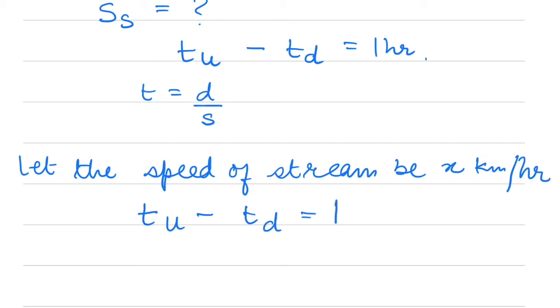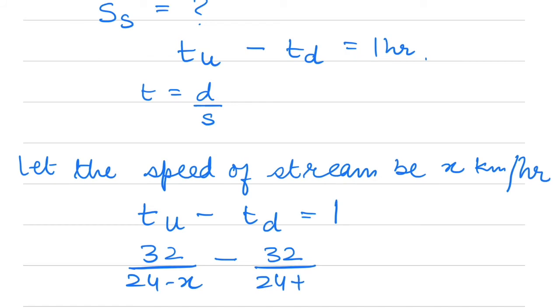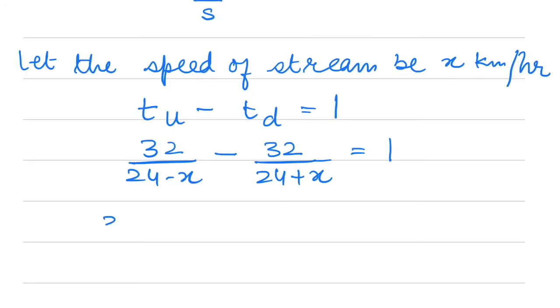Now for time of upstream, distance is the same, so 32 kilometer upstream, and when you're going upstream, speeds are subtracted. So speed of boat minus speed of stream, minus time, again distance is the same, and here speeds will be added.